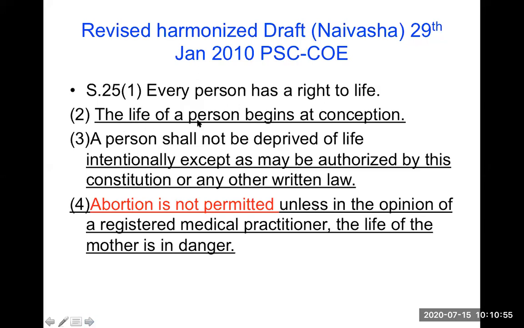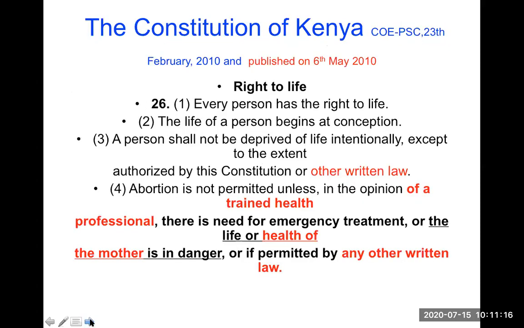The right of a person begins at conception, and the opinion is that of a registered medical practitioner. So by 29th January 2010, we are talking of the opinion of a registered medical practitioner. This is the document we now voted over.